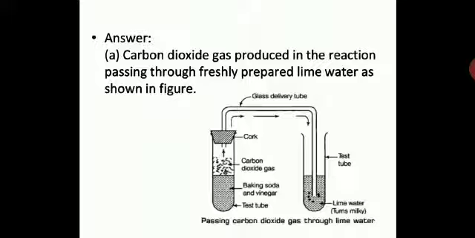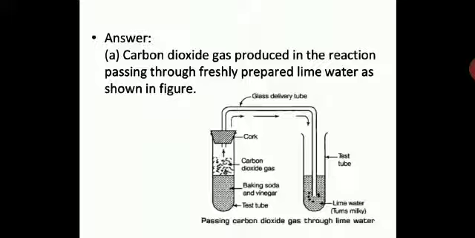That gas is trapped, and you have a thin outlet, a fine capillary or delivery tube, through which carbon dioxide gas will travel to another test tube where you have freshly prepared lime water.